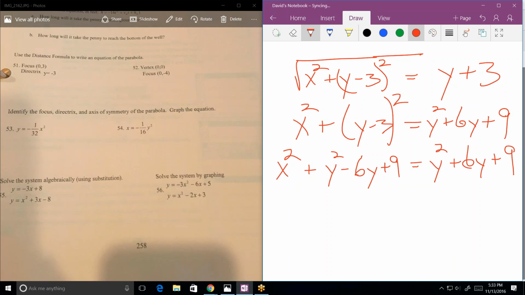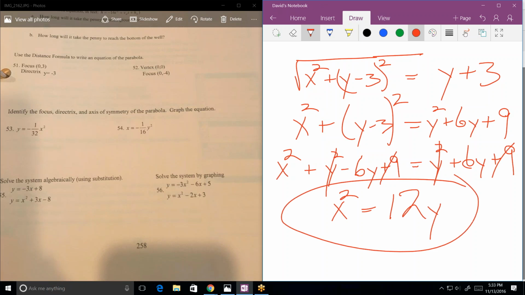There's a plus y squared on both sides, so those cancel. There's a plus 9 and a plus 9, so those cancel. Now if I move the 6y over, I get x squared equals 12y. Well, that's the equation of a parabola.